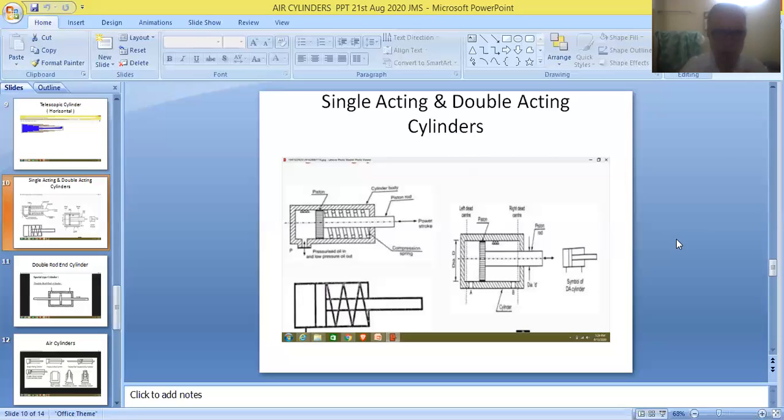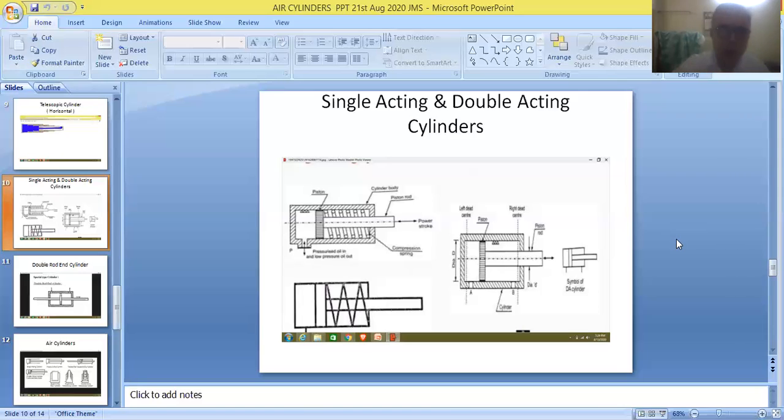Therefore, when the piston moves in to and fro directions, naturally the piston rod as well as the tool of the machine will also move in to and fro directions. So this way, these cylinders are used for operating the tools of machines in forward and backward directions.